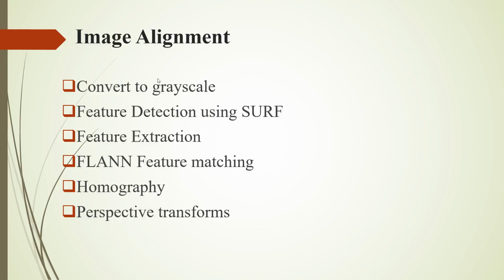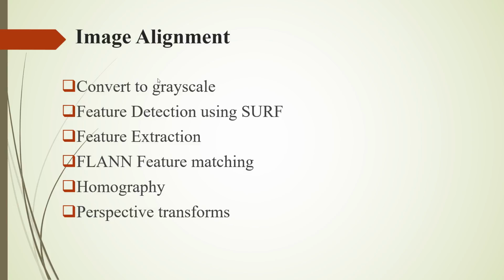There is a series of sub steps in the image alignment phase. Basically, convert the images to grayscale, and later a feature detection technique using SURF is performed, which is followed by a feature extraction technique and then a feature matching technique using FLANN. FLANN stands for Fast Library for Approximate Nearest Neighbors.